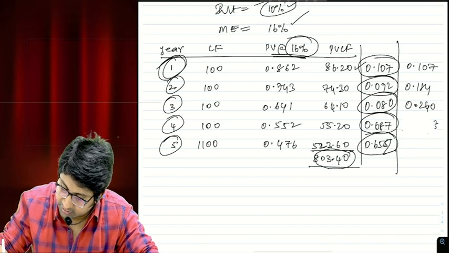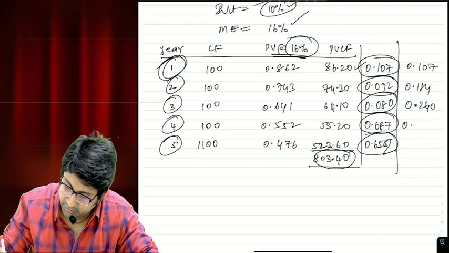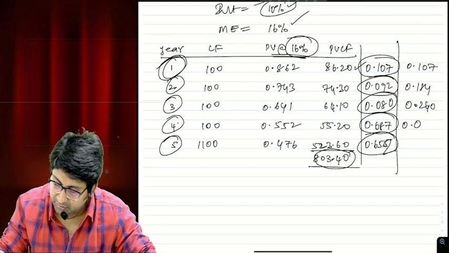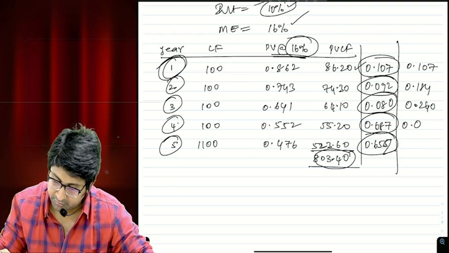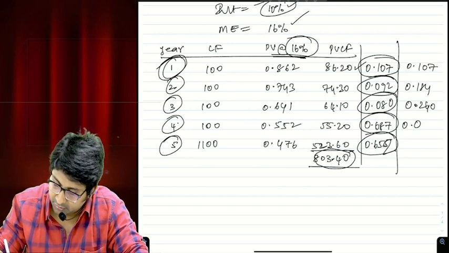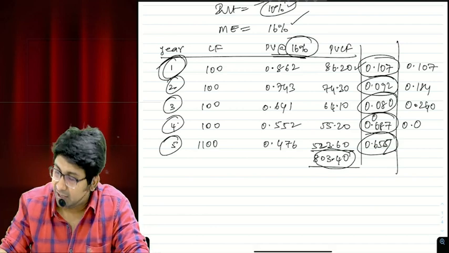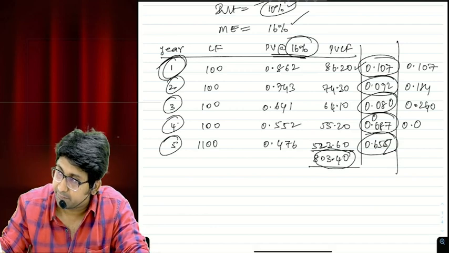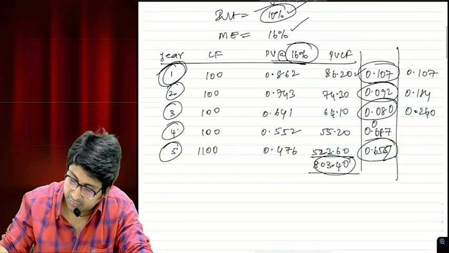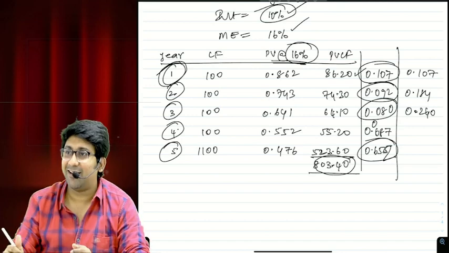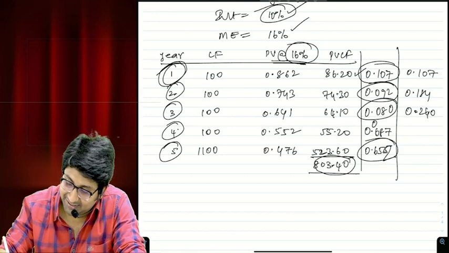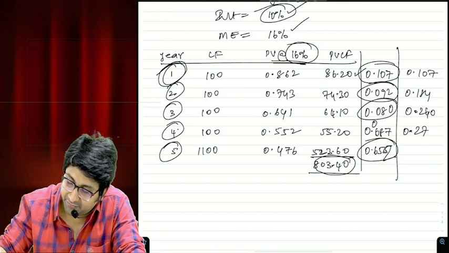4 into 0.0687. Okay, 0.0687 into 4 is 0.27. 48 means 5.